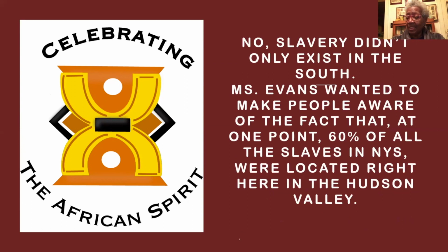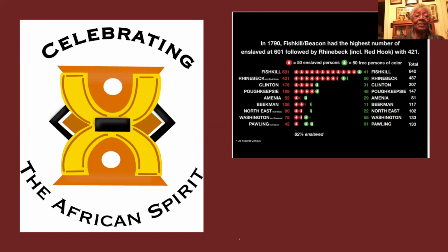Slavery didn't only exist in the South. Ms. Evans wanted to make people aware of the fact that at one point, 60% of all of the slaves in New York State were located right here in the Hudson Valley.